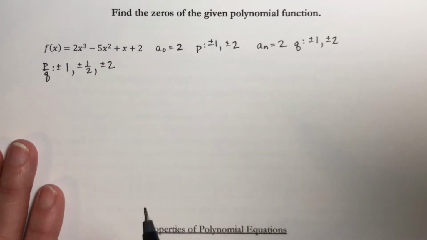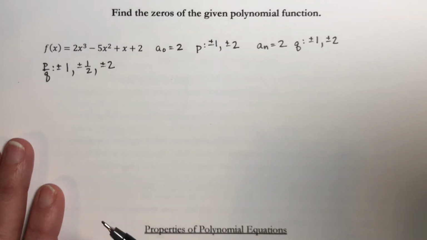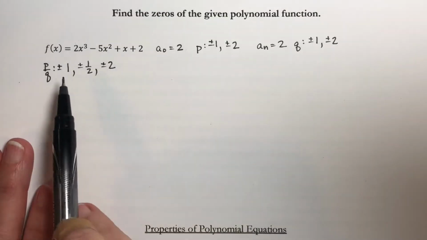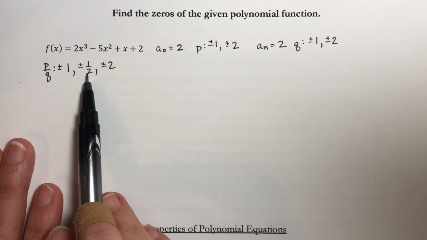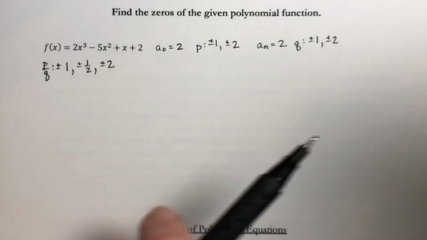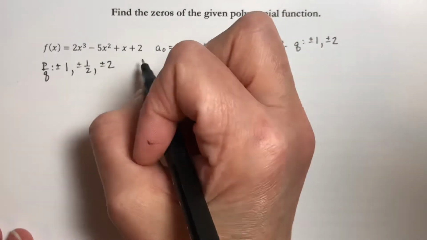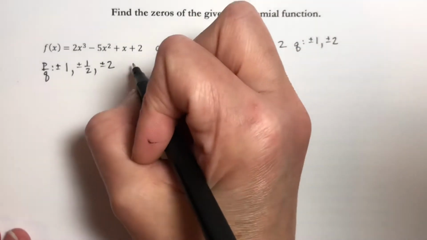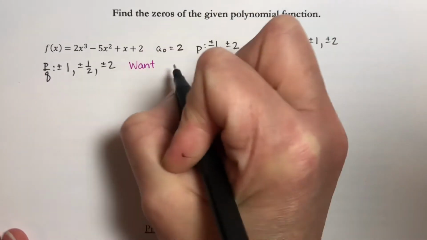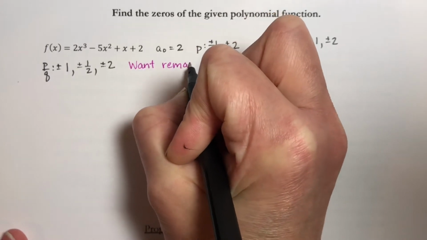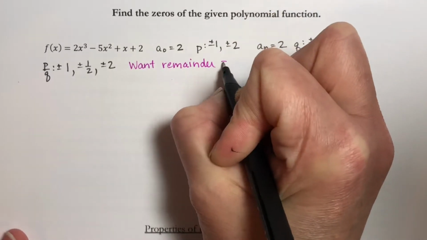Now on this one, we're asked to find all of the zeros. So I'm going to use synthetic division to check each of these possible answers. What we want to find is a remainder equal to 0.